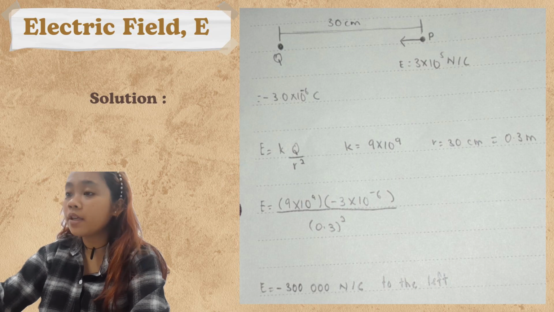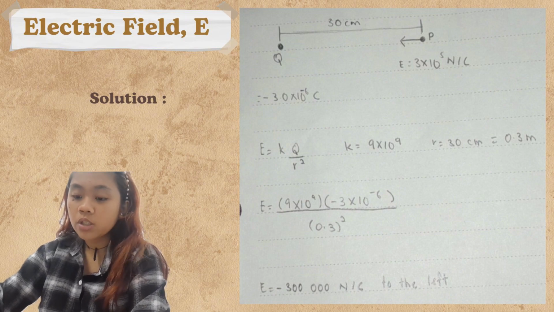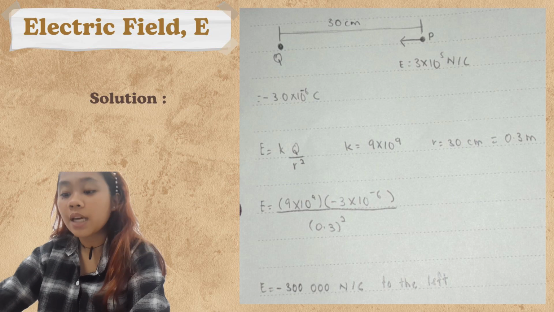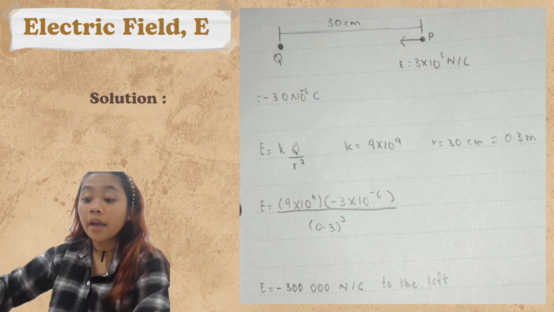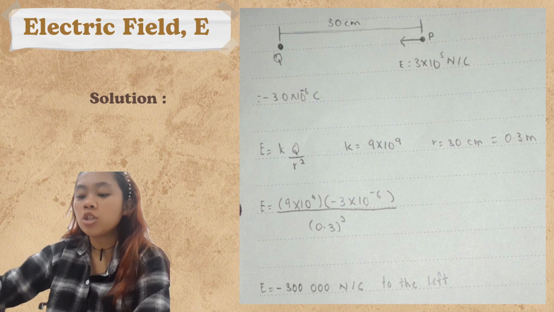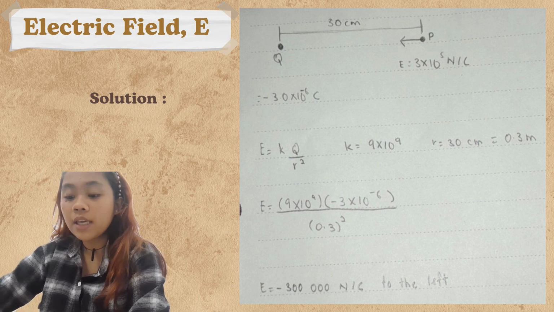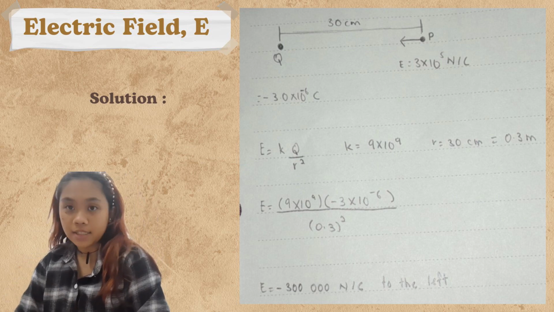For electric field, our formula is E equals K times Q per r squared, which we will list down as E equals 9 times 10 to the power of 9 times negative 3 times 10 to the power of negative 6, and all of that combined we're going to divide by 0.3 squared, and then we get our E as negative 0.3 Newton per coulomb to the left, which is why it's negative.